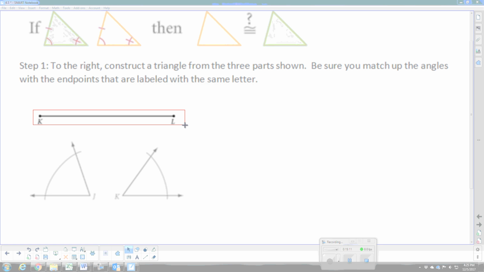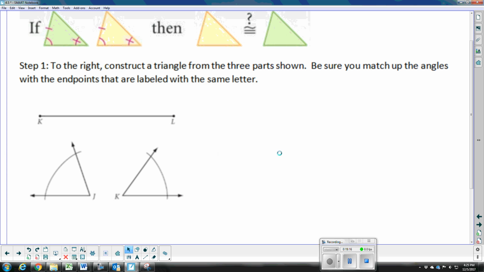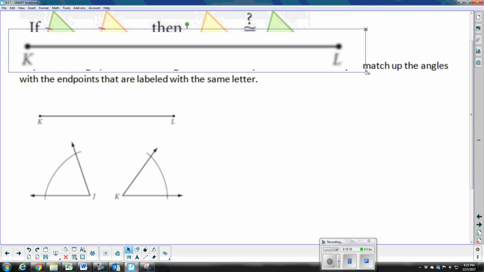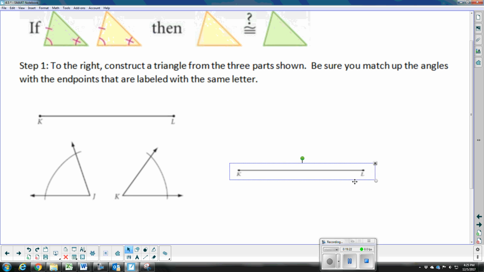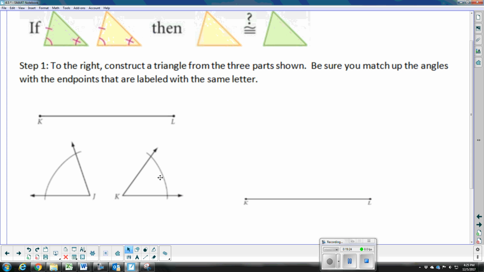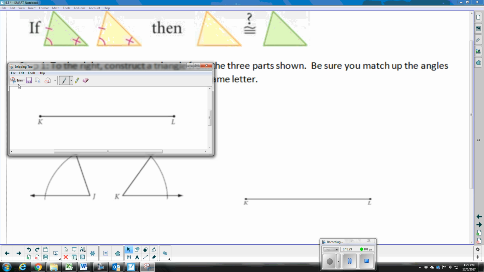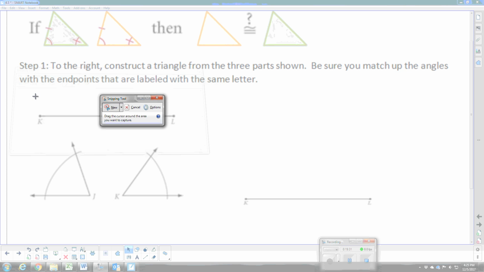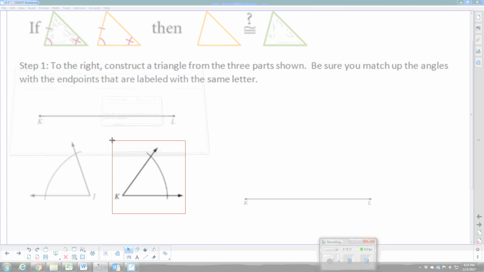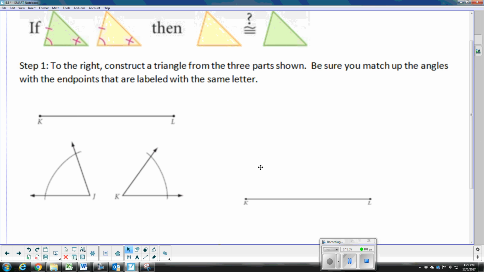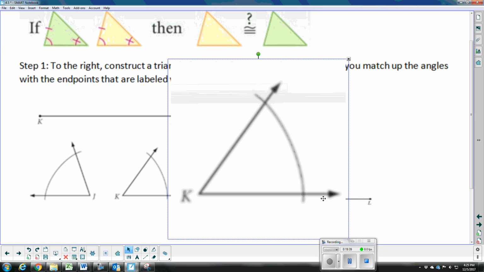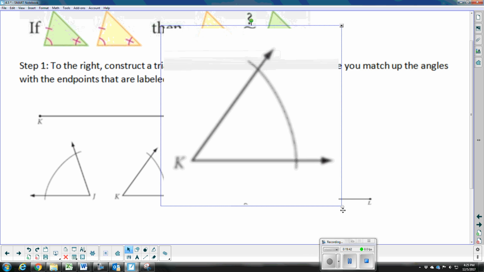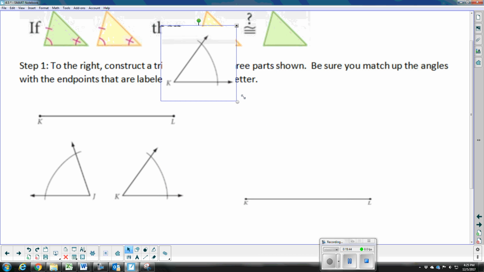But if you have this side, I'm going to copy it here. And then if this angle is at K, and again, I'm going to make it a little bit smaller so that it fits what we were working with.